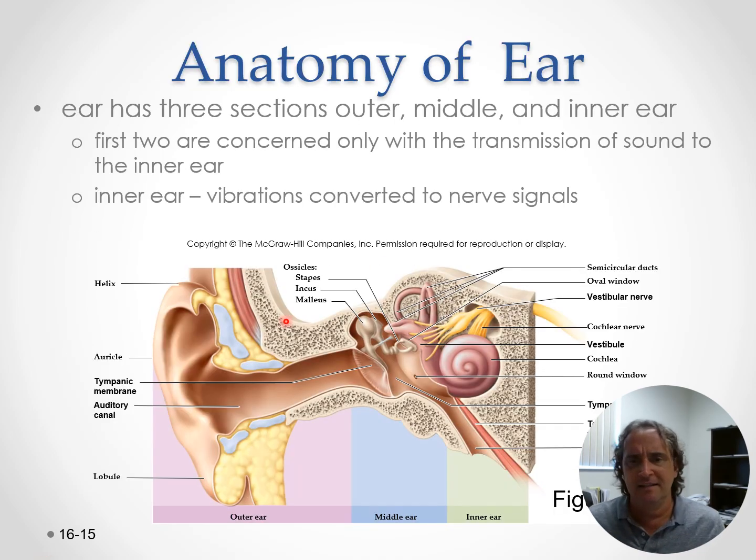So on that last slide, I talked about vibrating air particles. Pretty much what the helix and the auricle do, the ear, this is the lobe down there, is bring in sound and amplify it. That's why your ear is that shape. All of those little curves bring in the sound and then amplify it into this tube. That's called the auditory tube.